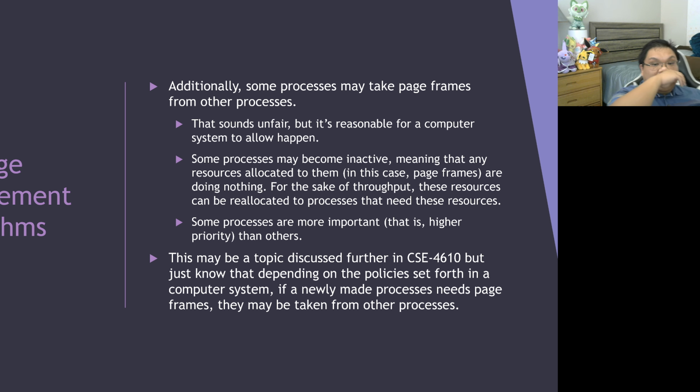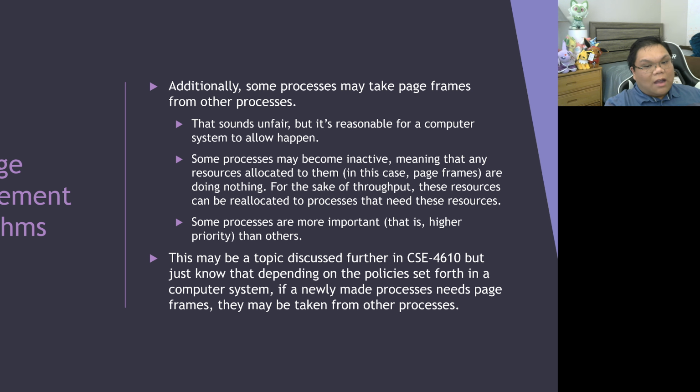Some processes may become inactive, so any resources, in this case memory, allocated to that process are just resources that could be used for other processes. If a process becomes inactive, any resources allocated to it are basically doing nothing. That is grounds for reclaiming resources to give back to other processes. If that process becomes active again, we can just reallocate new resources to it, no problem.